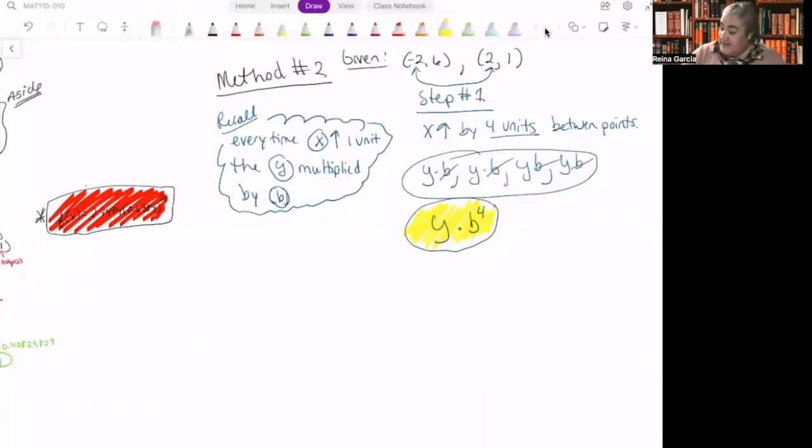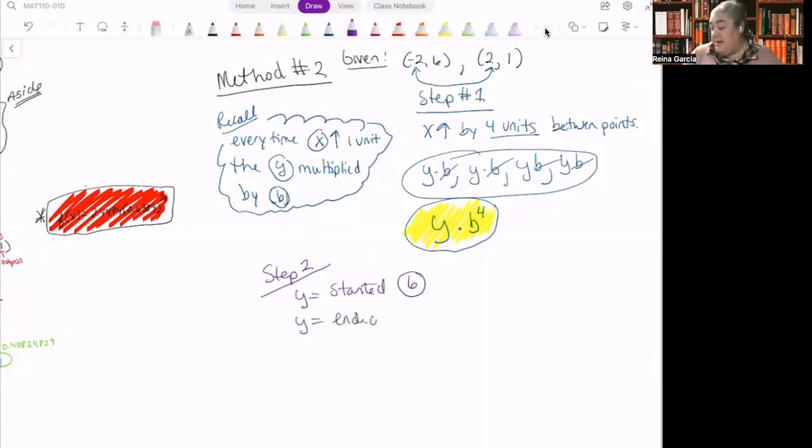Okay? Because in step 2 of the second method, since that's the case, now all I have to do is a little bit more reasoning. I have to think to myself, all right, well, y in my first point started at 6. That's where y started. And y in my second point ended at 1. Okay?